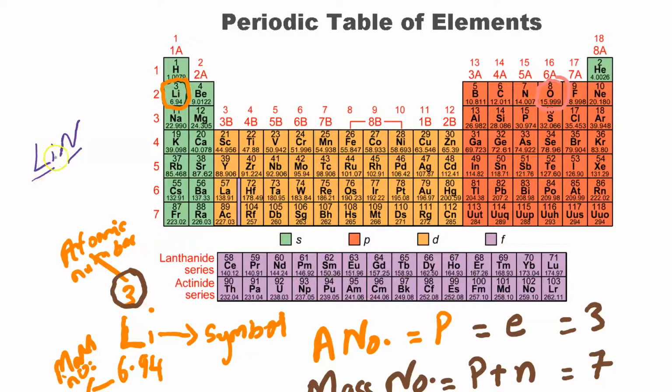So if I have another one, so let's say lithium and another element, you can identify that this is representing one element and this is another element. How do I identify that? Because the second letter is lowercase here, that means this is one element. The second one also has a smaller letter, that means that's one element. So that's how we identify whether we are representing one element or 2 elements or 3 elements.